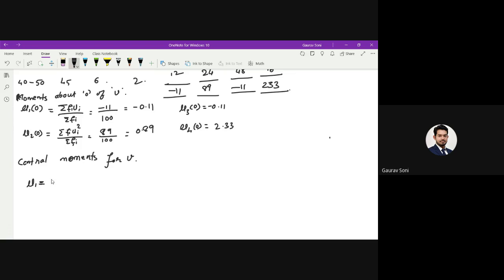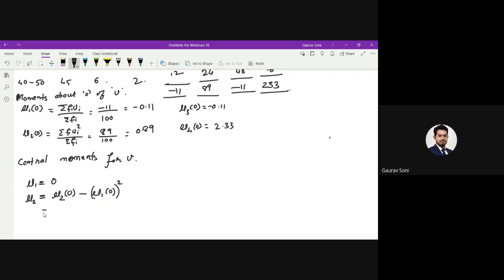Go to the formula. Mu1 is 0. Mu2 is, what was the formula that we wrote yesterday? Mu2 of 0 minus mu1 of 0 whole square.